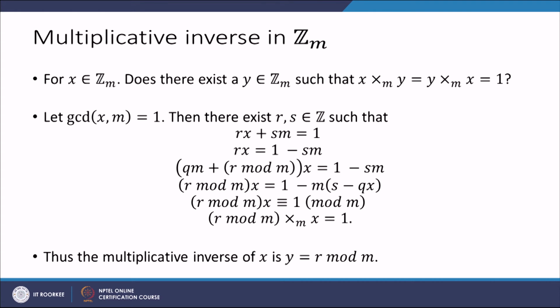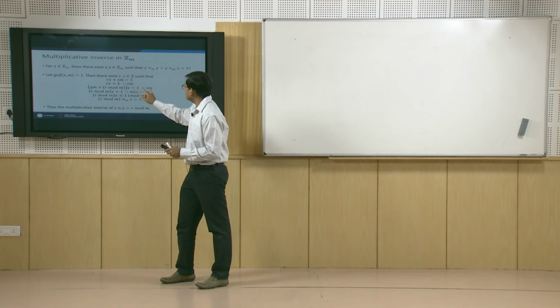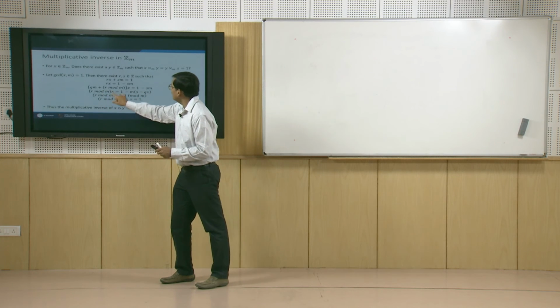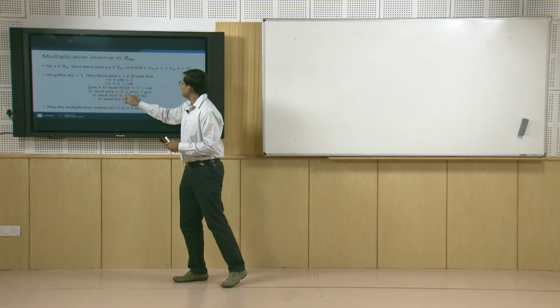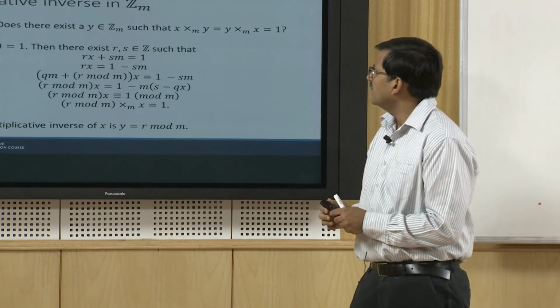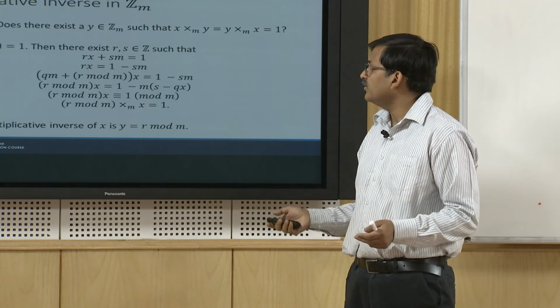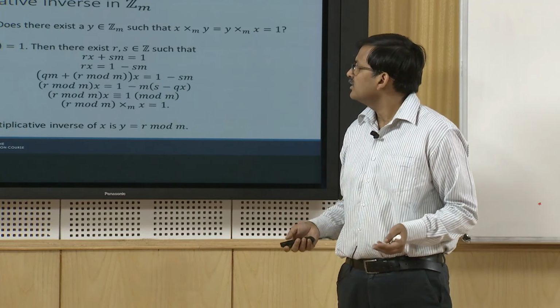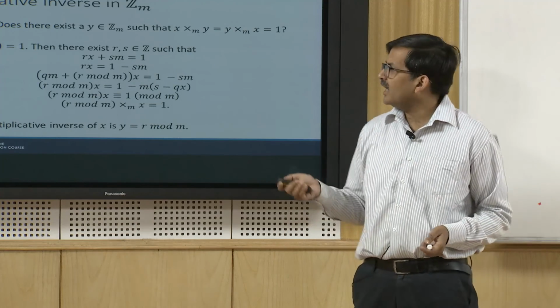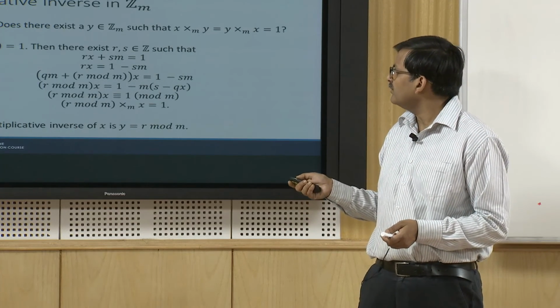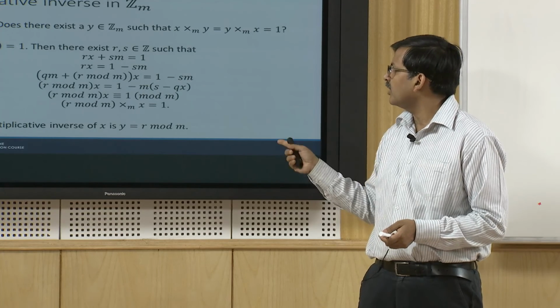So, I get Qm plus R mod m into x equal to 1 minus Sm, and then I can take x times Qm over here. So, on the other side, I will ultimately have R mod m x equal to 1 minus m s minus qx, and therefore, if I reduce modulo m, I will get R mod m times x is congruent to 1 mod m.